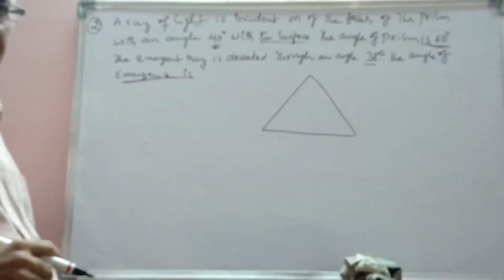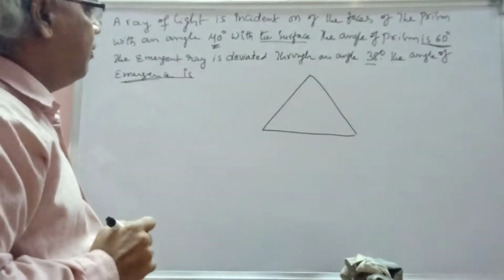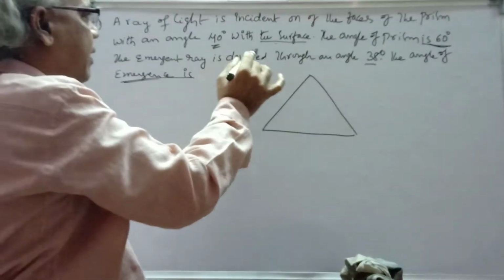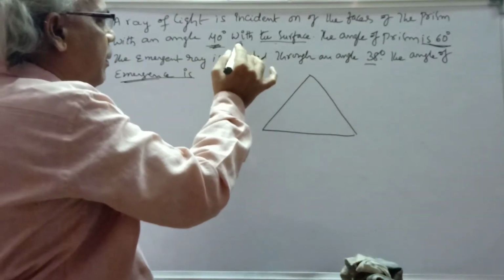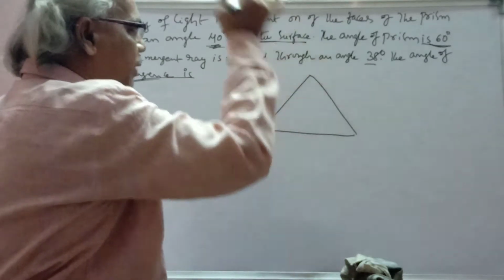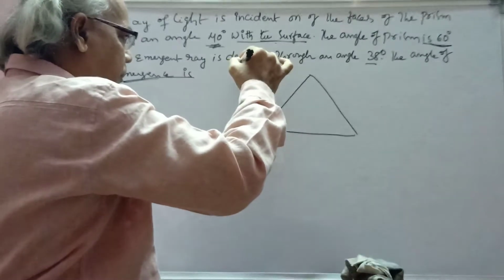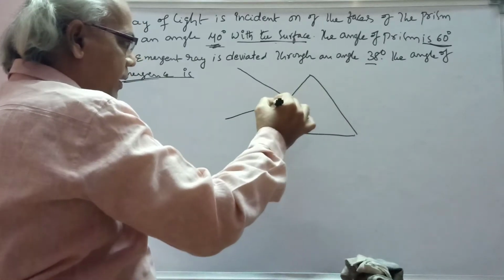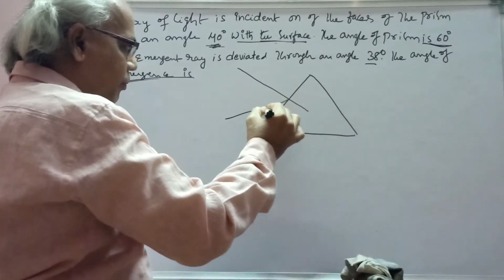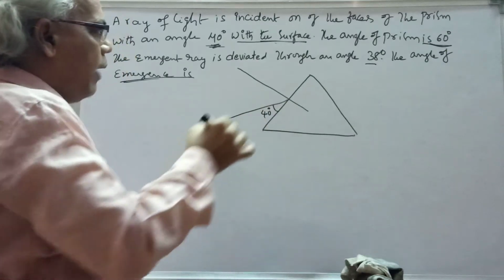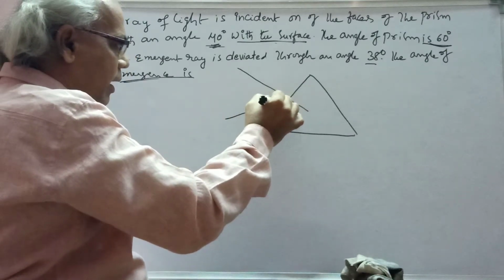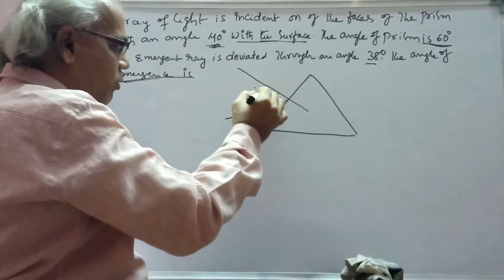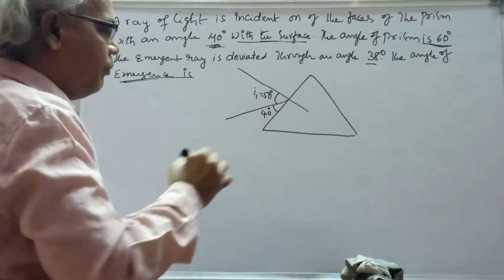The angle given, 40 degree, is the angle made with the surface. So the normal is here, the incident ray is here, and it is 40 degree with the surface. So the angle of incidence I1 is equal to 50 degree.